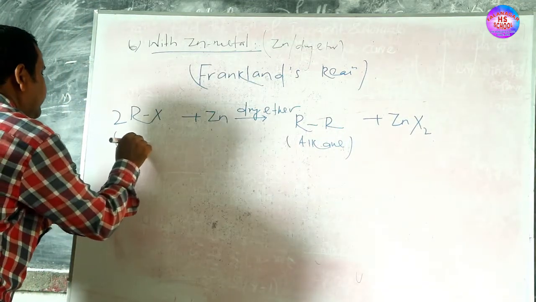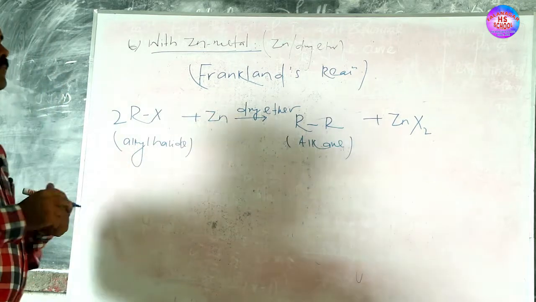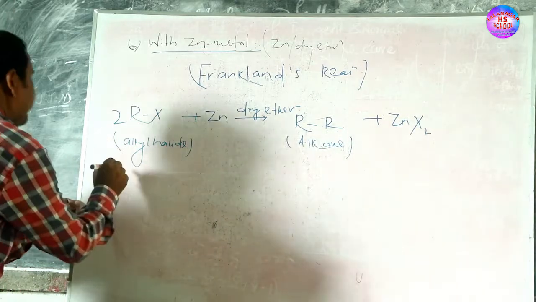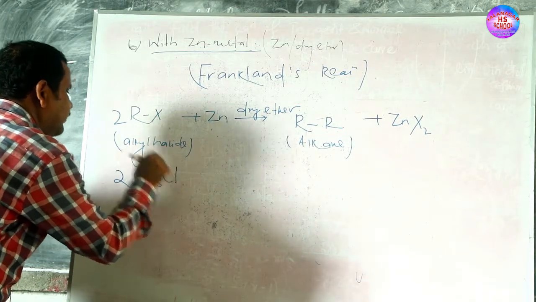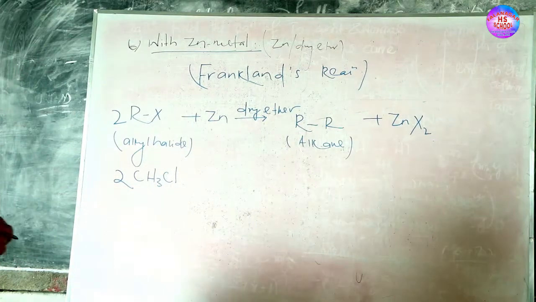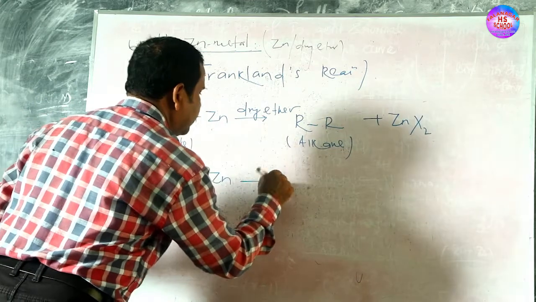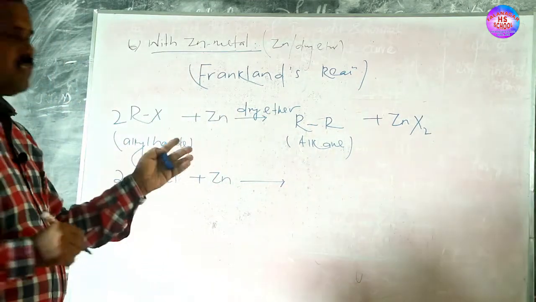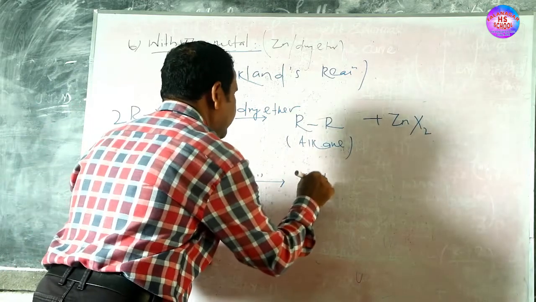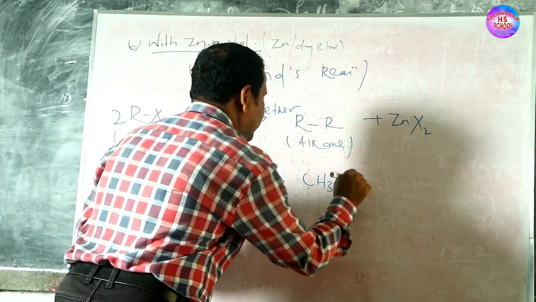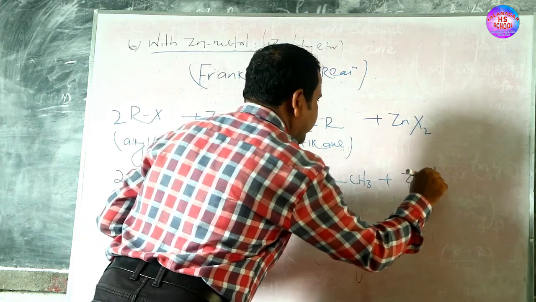Alkyl halide. If we take two molecules of methyl chloride CH3Cl plus zinc metal, the reaction takes place in presence of dry ether to form CH3–CH3 plus ZnCl2.